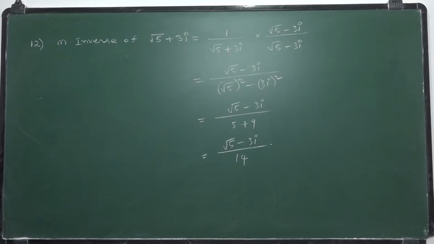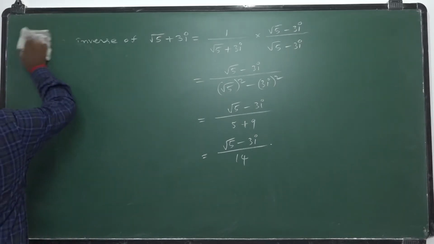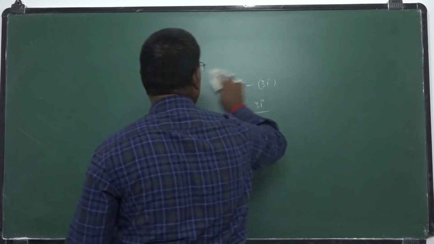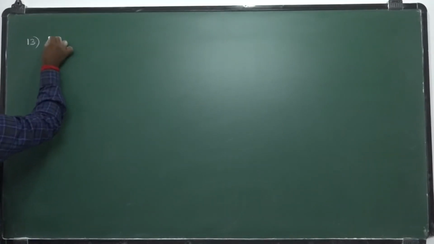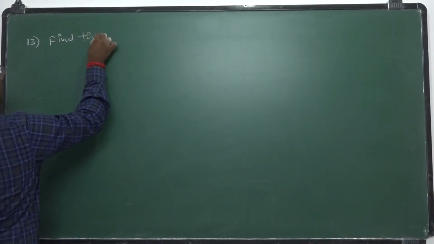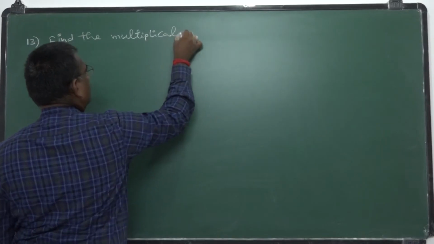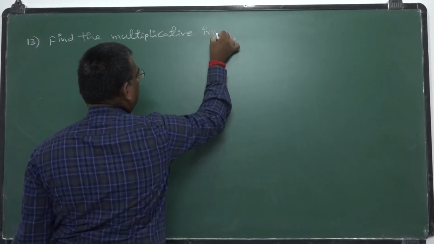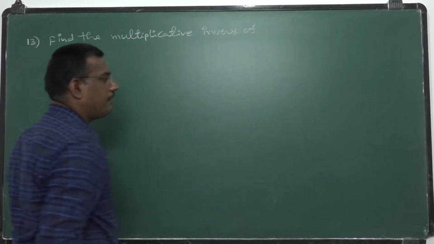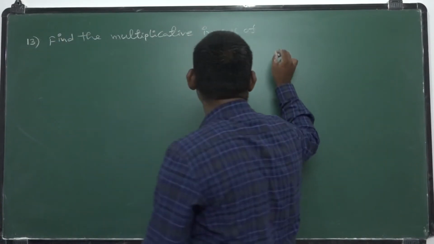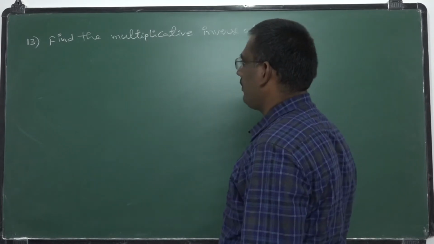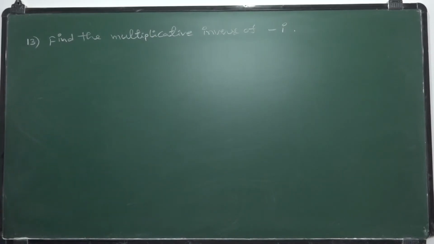Next, question number 13. Find the multiplicative inverse of complex number minus i.